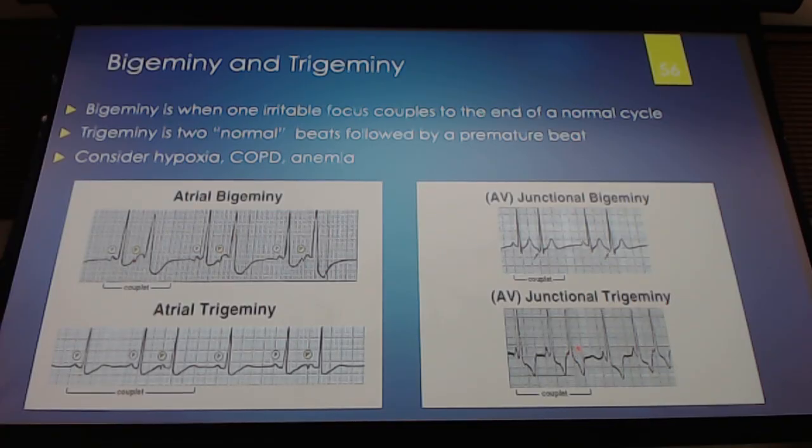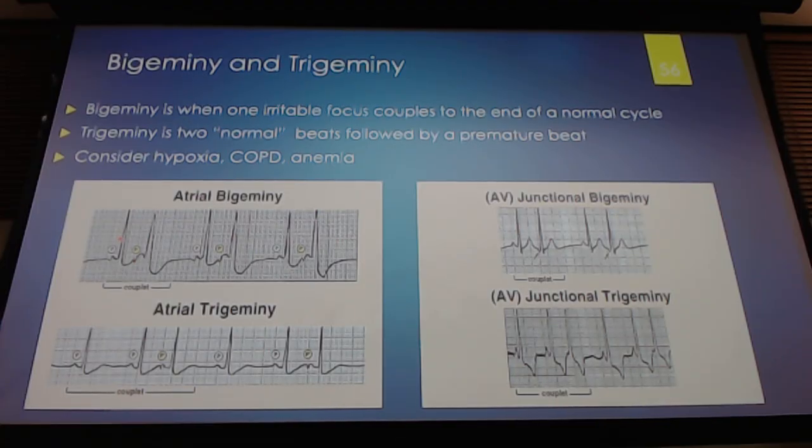You can have something called bigeminy or trigeminy. This can occur with atria, so we have atrial bigeminy, and what happens is you have a normal beat, normal QRS complex, and then what looks like another beat that's coupled to it, a little bit closer. Then you'll have a space, then a normal beat, and then a beat coupled to it. That's bigeminy. Essentially you're having frequent premature contractions coupled to every normal contraction: normal, premature, normal, premature. With trigeminy, you have a normal beat and then two abnormal beats coupled to it.